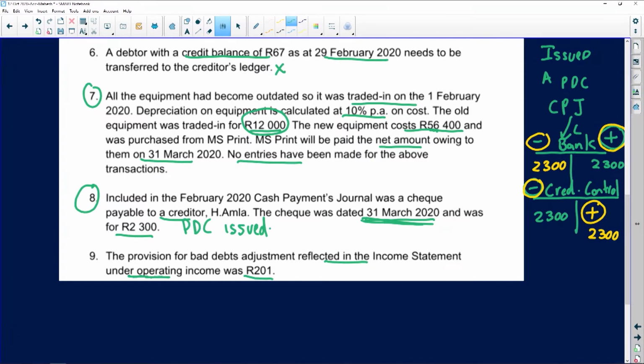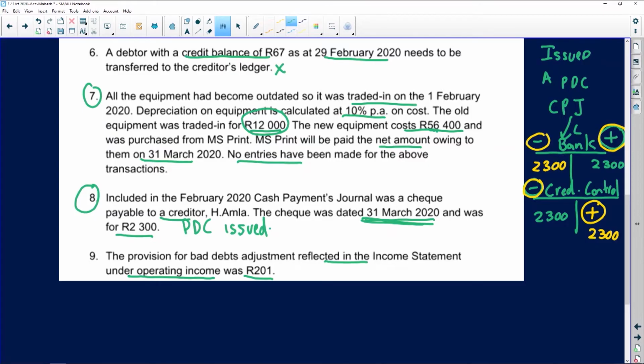But what I want you guys to focus on is how differently this adjustment is worded. We are not asking you to calculate the provision for bad debts by giving you a certain percentage, but instead we are telling you that in the income statement, provision for bad debts adjustment is shown under other operating income.